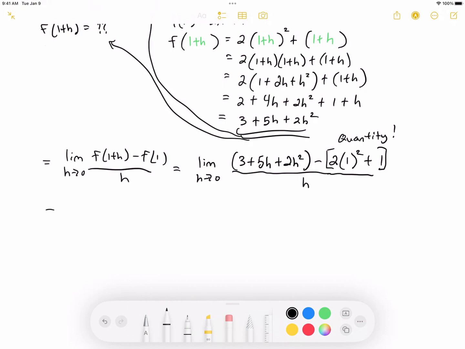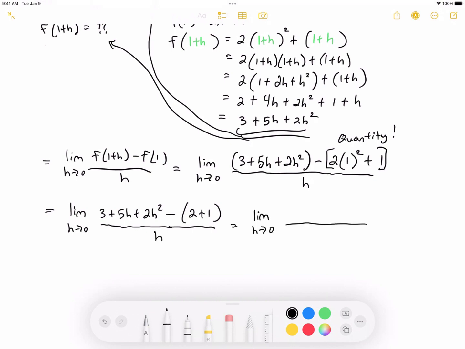There's a few simplifications that we can perform in the numerator. So we start with simplifying f of 1 to be just 2 plus 1. But 2 plus 1 is 3. So we really have in the numerator 3 minus 3, and then we write the other two terms, plus 5h plus 2h squared. But the 3's cancel.